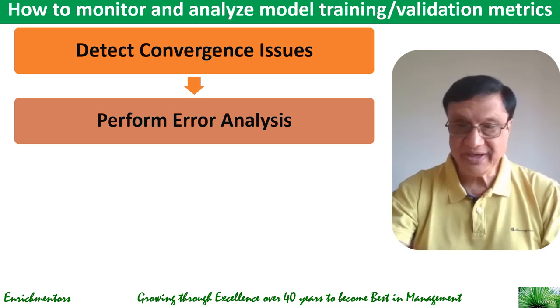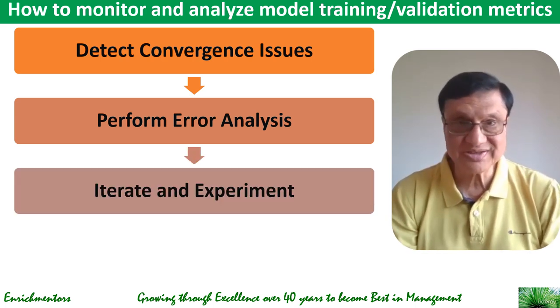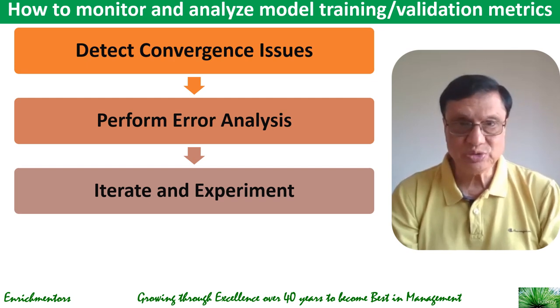Then make adjustments to the model architecture, pre-processing steps, or optimization strategies based on the analysis of training and validation metrics. Iterate through the model development process, making incremental changes and observing their effect on the performance.